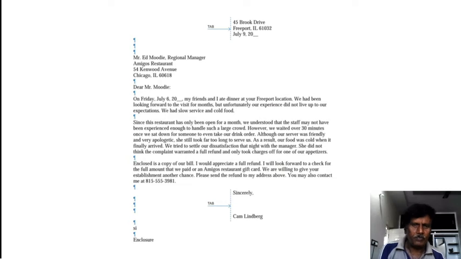Then the salutation. We write the salutation after double line spacing, that is Dear Mr. Moody. Then we write the body of the letter after double line spacing. The first line of each paragraph is in full block style, and it is written in single line spacing.